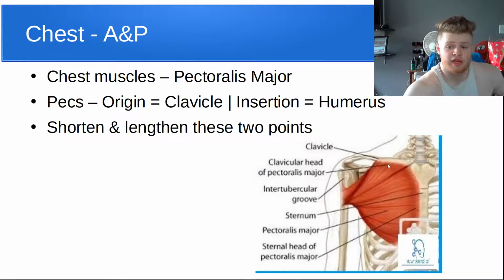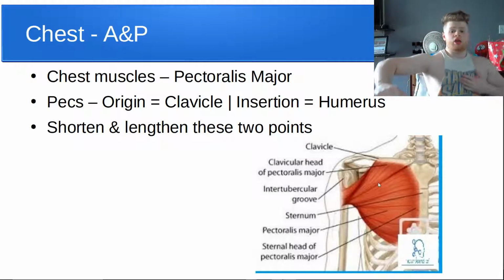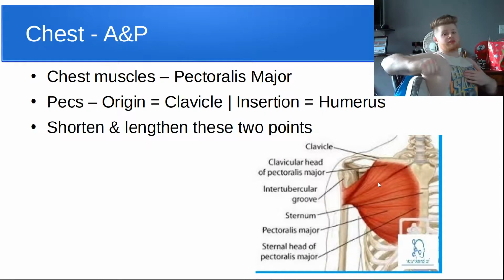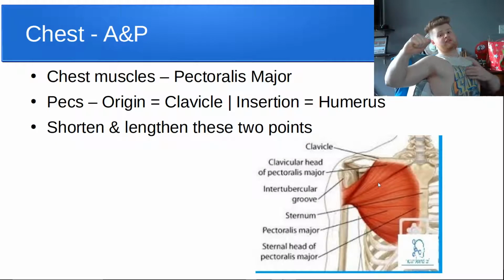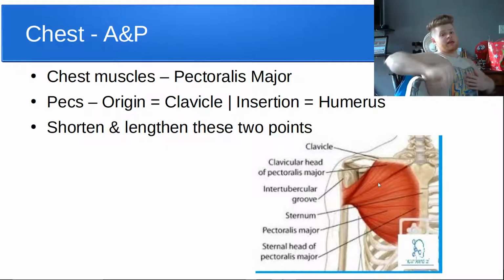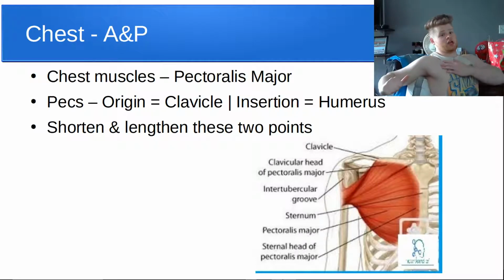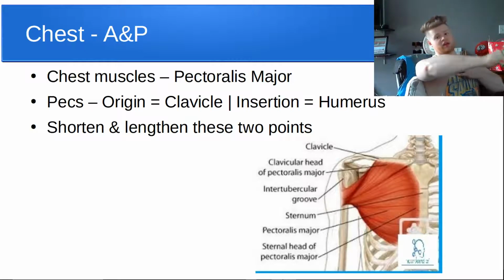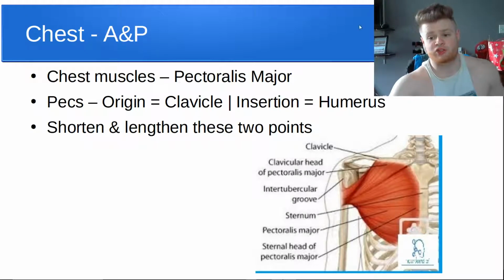But in order to hit these fibers here, we need to angle our arm at a slight 45-degree angle. Now, by rotating our arm at a 45-degree angle here, shortening and lengthening, now we're hitting these fibers, the fibers that run at a 45-degree angle from the humerus to the clavicle.